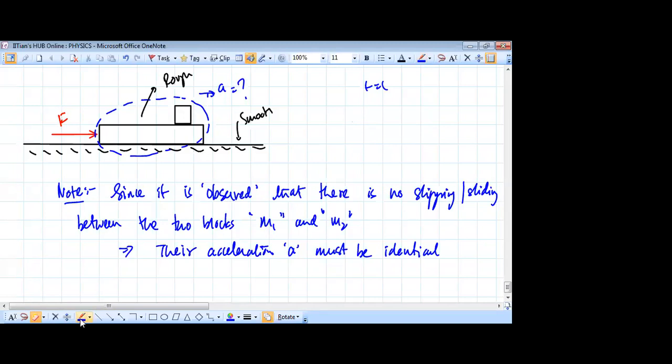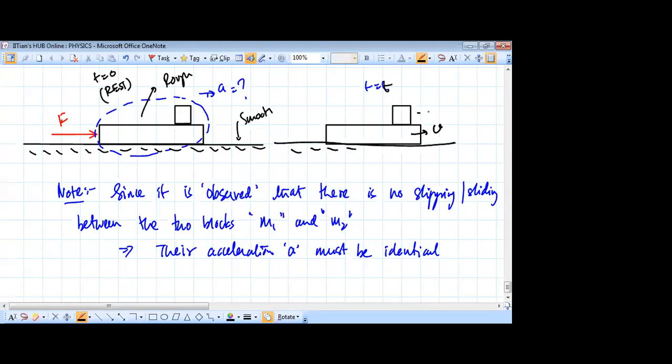If they were starting from rest at t equal to 0, then by some time t both of them should have moved exactly in the same way, and both should be moving with the same velocity. That is the meaning of no slipping between them. If slipping is not happening, that means both would have a common value of velocity at that time, and that velocity v could be equal to at.